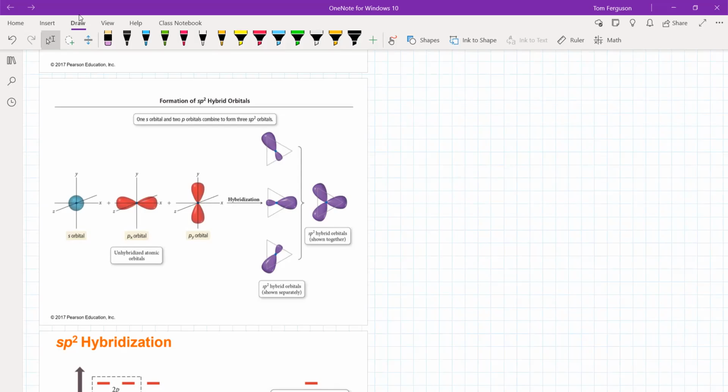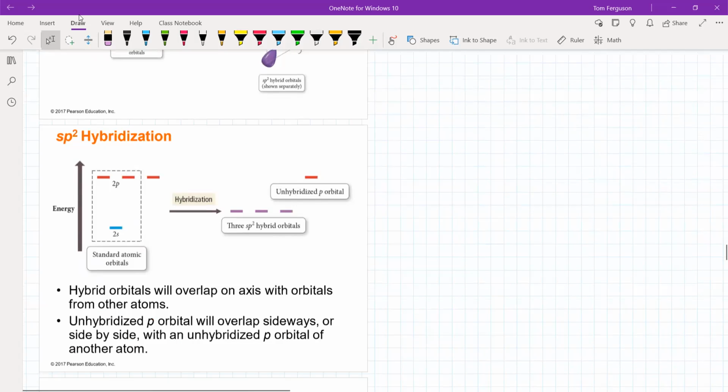I want to end this here. Here's the sp2 we just talked about, where that would be the pi electrons. Sigma.